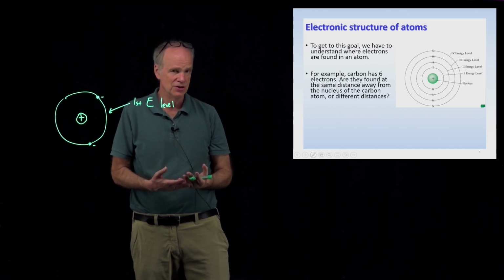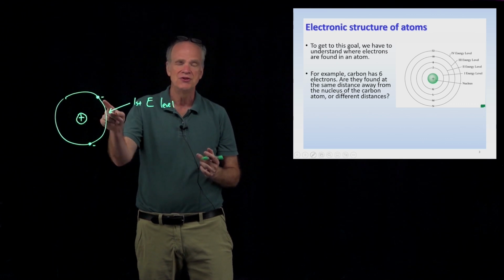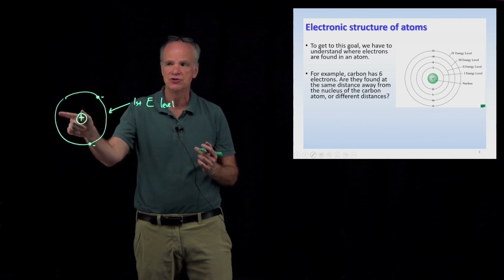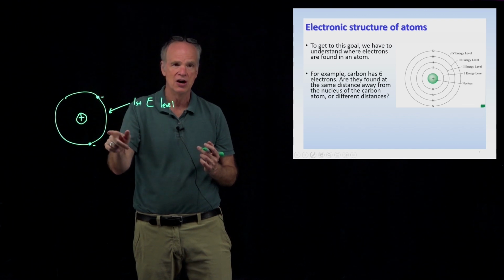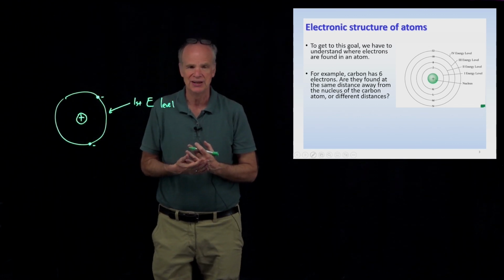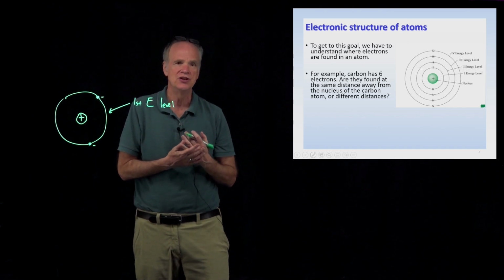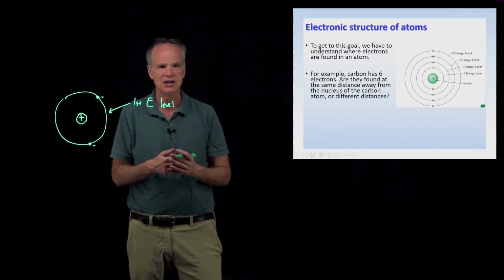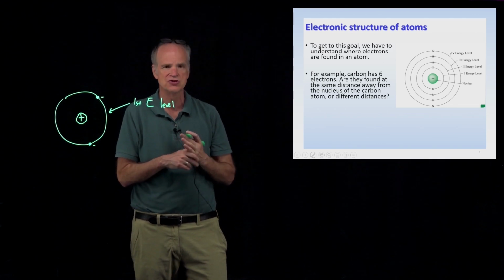One of the things you would learn if you take more chemistry is, in fact, the electrons do not travel in trajectories in an orbit around the nucleus, like planets around the sun. Instead, their motion is very unusual. We're not going to talk about it in this class, but if you're interested in more chemistry, you'll learn a little bit more about the motion of electrons.